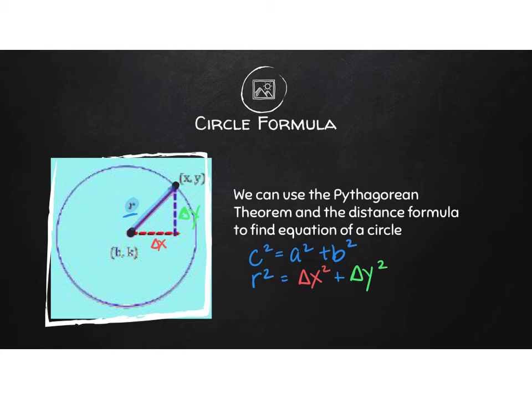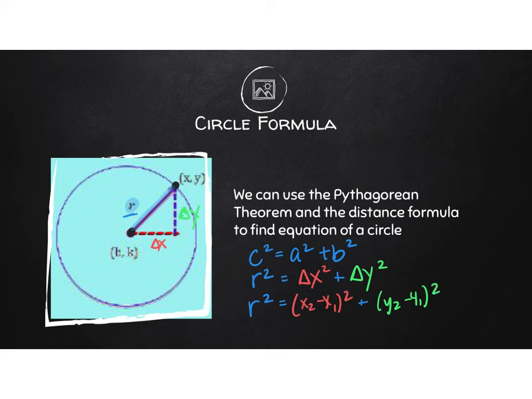Now we can be even more specific. We still know that our r squared. We remember that before we called our change in x, x2 minus x1 squared, and we had our change in y as y2 minus y1 squared.